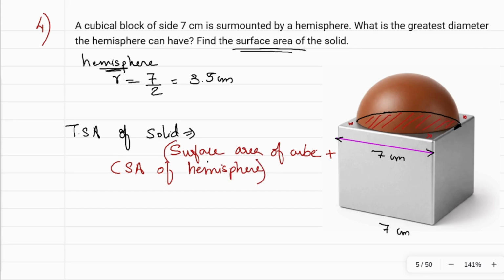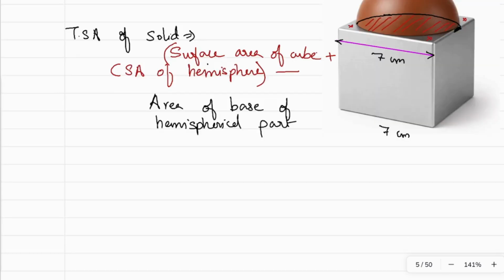Then only we will get the correct answer. Minus, this is the main part here, the area of the base of the hemispherical part.